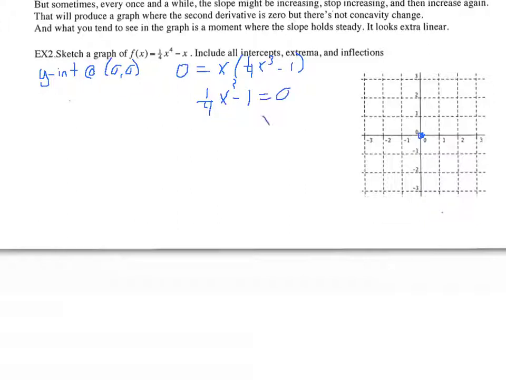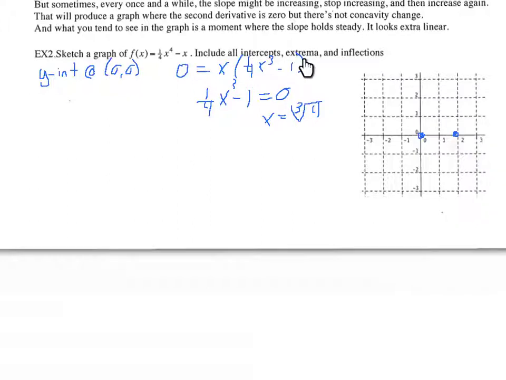That happens when x is equal to the cube root of 4, which is approximately 1.6. So I'm going to put that other point right over here. So we've got our intercepts.